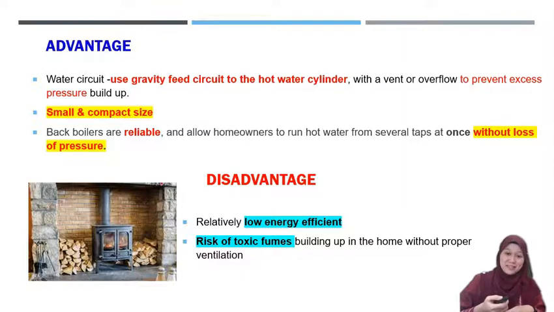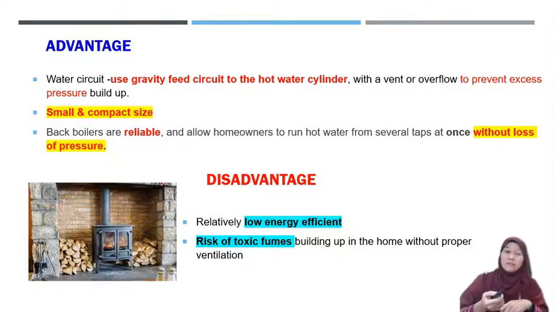Now the disadvantages. These are the main reasons why people don't use back boilers anymore nowadays. It has low energy efficiency because you use an open fire, and the main problem is that it produces toxic fumes if you don't have a good ventilation or exhaust system to release the smoke.